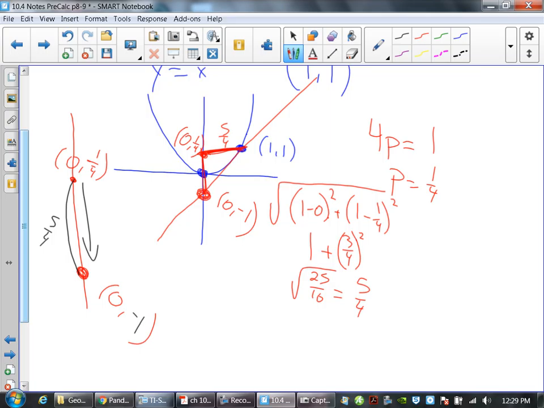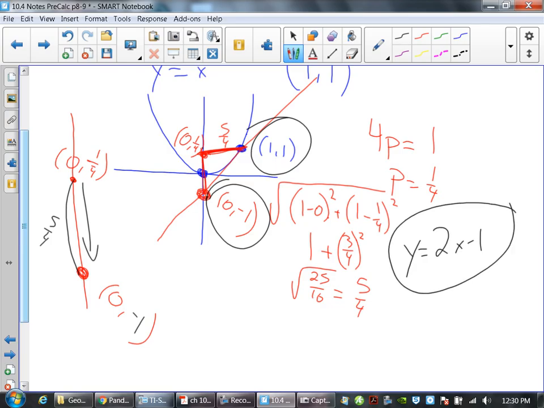Find the slope. We're trying to find the slope between these two now to write the equation of the line. How many do you go up? 2 up, 1 over. What's your slope? 2. What's your y-intercept? y equals 2x minus 1.